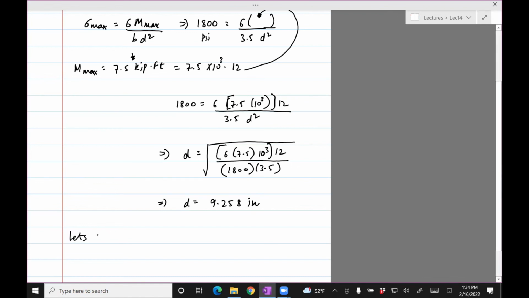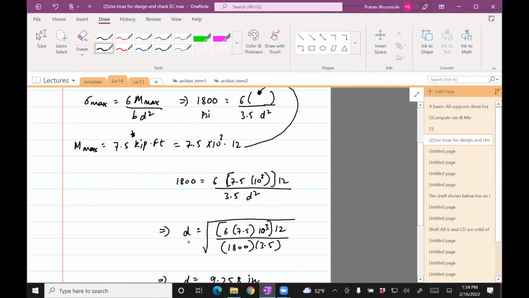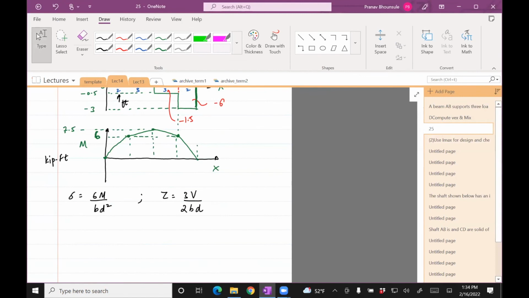Okay, so once we do this, let's check if tau is less than tau max. Now we've completed the design, we know the design D, and now we want to check the maximum possible shear stress based on D equals 9.258. We need to use this formula, but we need to find the place where V is maximum.